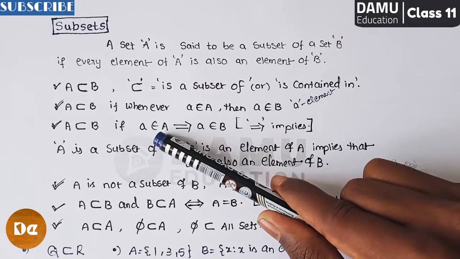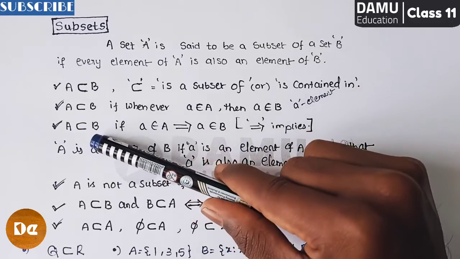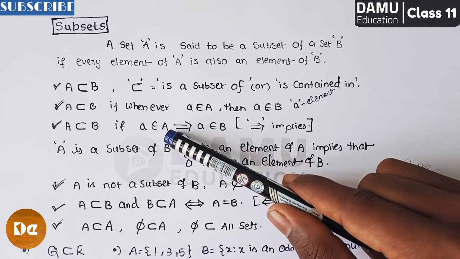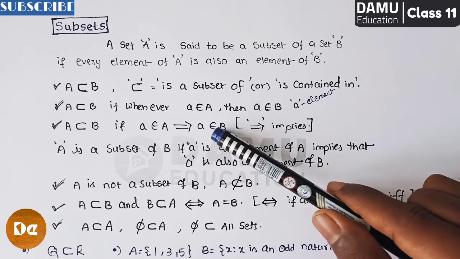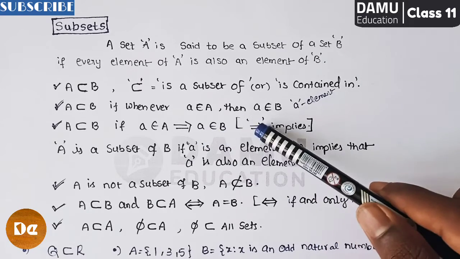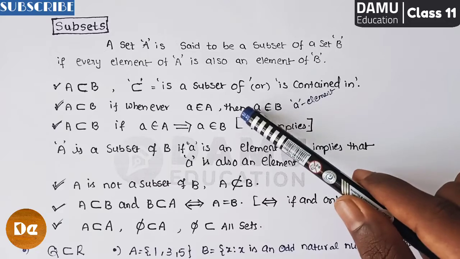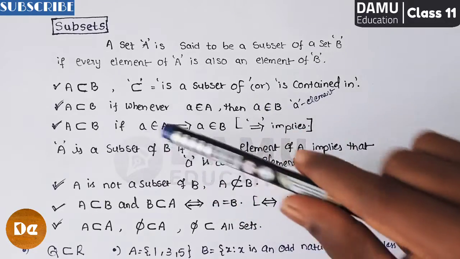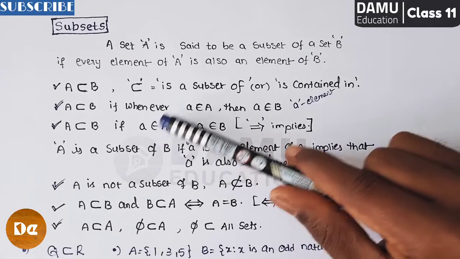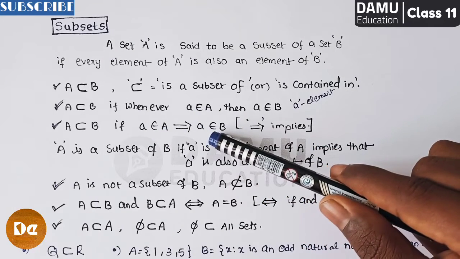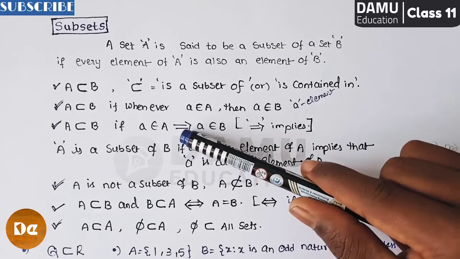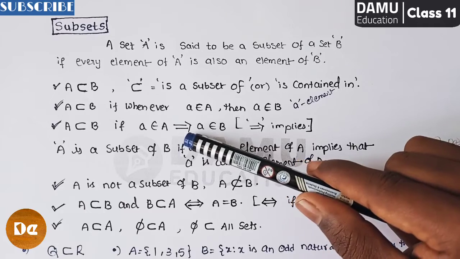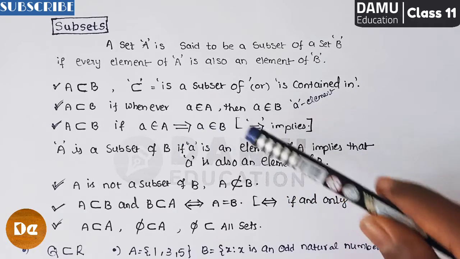Let's take A is a subset of B. If small a belongs to capital A, that implies a also belongs to B. So whenever we want to write this, we use this mark, which is implies. If it happens in A, then automatically it happens in the B set also. So a belongs to capital A implies a belongs to capital B set also.